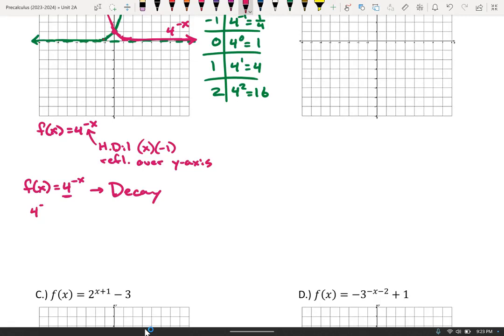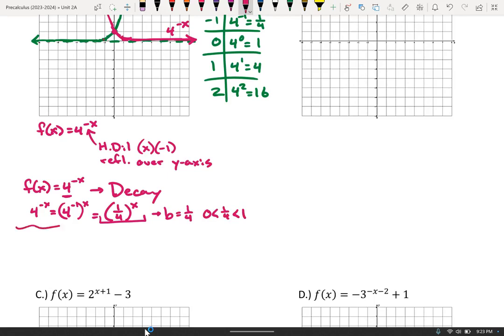So 4 to the negative x is the same as 4 to the -1 to the power of x, which means that that is actually 1/4 to the x. So write it in this form, what is my b? My b is equal to 1/4, which is between 0 and 1. So we definitely have that exponential decay.